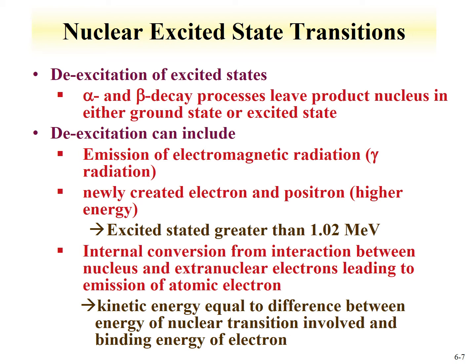If the deexcitation is from a very high energy state, generally well above 1 MeV, an electron-positron pair can be created, so pair production can also occur. There's also a route, and this is particularly dependent upon the spin and parity between the excited and the ground state, where internal conversion, from the interactions between the nucleus and the atomic electrons, can occur. So this is internal conversion electrons, where atomic electrons are emitted. The energy of their emission is based upon the difference between the nuclear excited state and the binding energy of the electron.